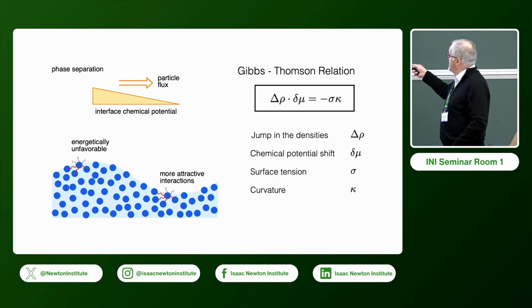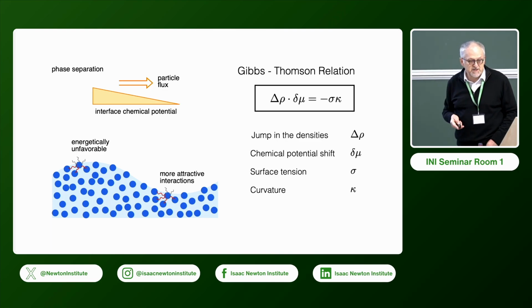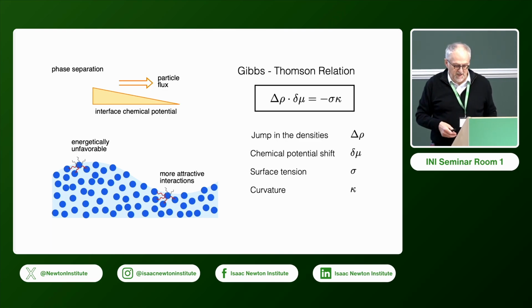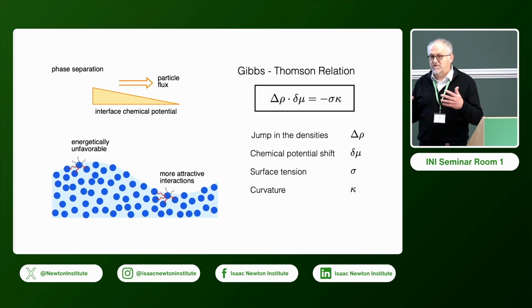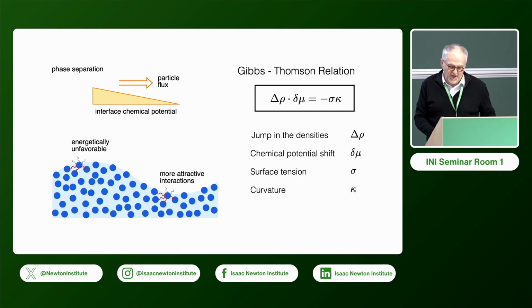That leads to shifts in the chemical potentials because of the curvature. And this curvature kappa here is on the right-hand side for the Laplace pressure, and sigma is the surface tension. It's a very famous relation, also a very important relation, because based on that, you can construct the theory of Ostwald ripening and understand coarsening behavior in standard multi-component liquids.